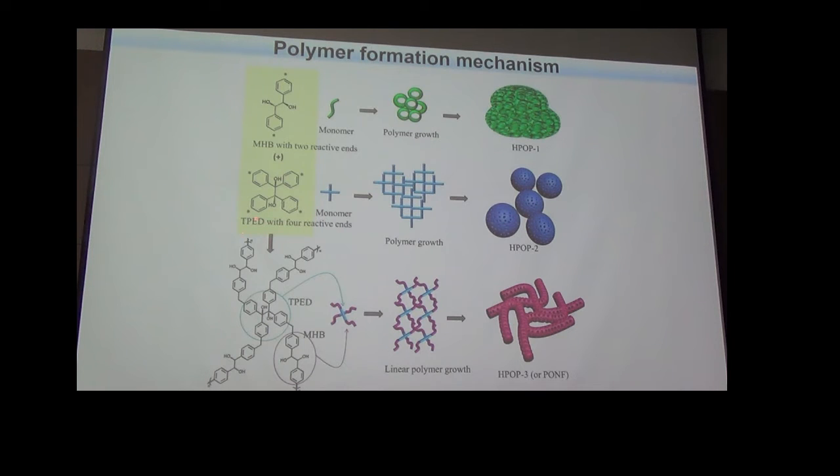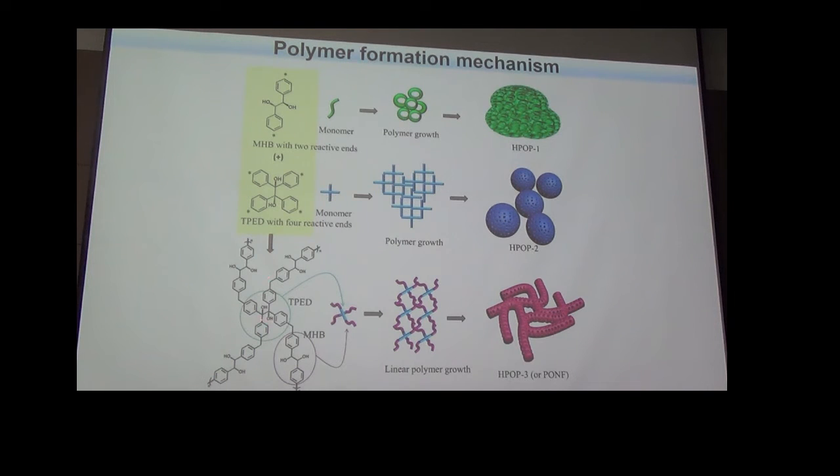Whereas in the HPOP2 synthesis, the monomer is TPED, that is tetraphenyl ethanediol, and it has four reactive ends. The interaction between these ends successfully yields the interconnected 3D structure of the material, and it gives these spherical kinds of particles.